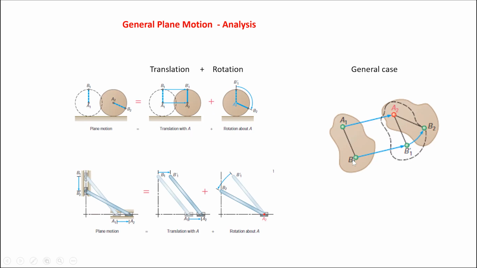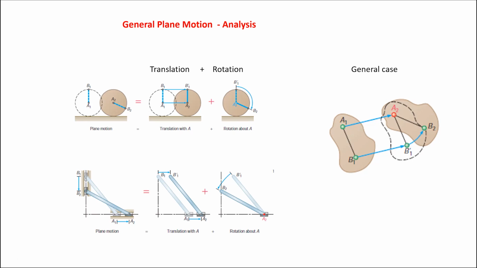Here also, as we just said, it is having a translation. A1 is coming to the final position A2, B1 is occupying some other intermediate position, and B1 is rotated to the final position. This is very important for our analysis. Whole of our analysis is based on this one. So we say that general motion is going to consist of a translation and a rotation.